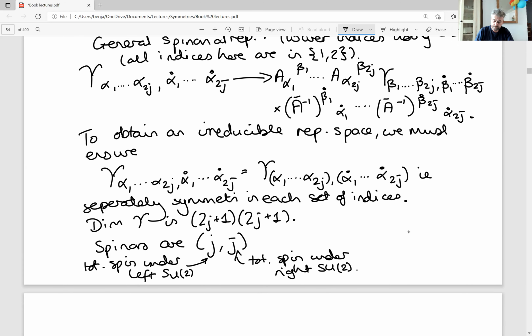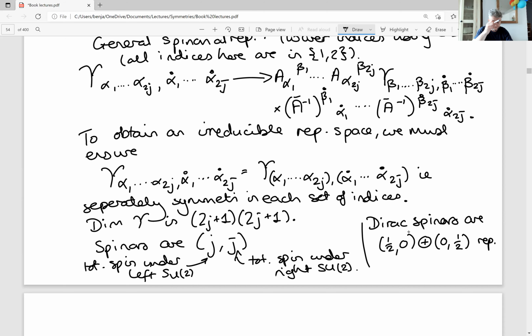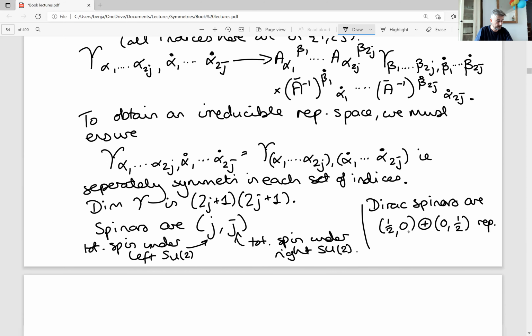So as I said, Dirac spinors are then in the half, 0 plus 0, half representation. It's just the direct sum of a left-handed fundamental spinor and a right-handed one.